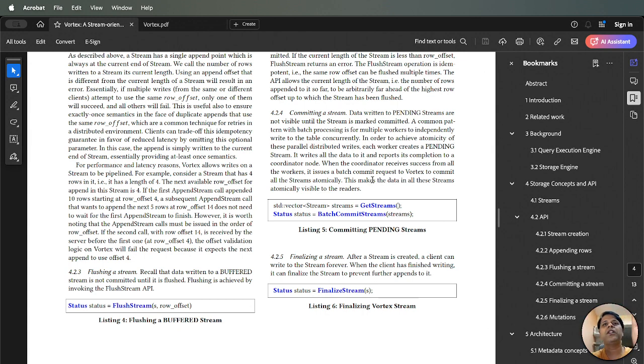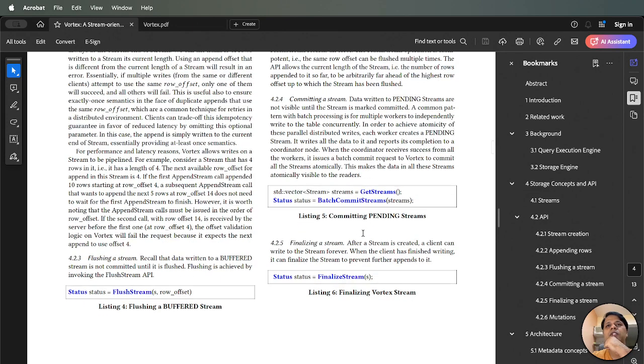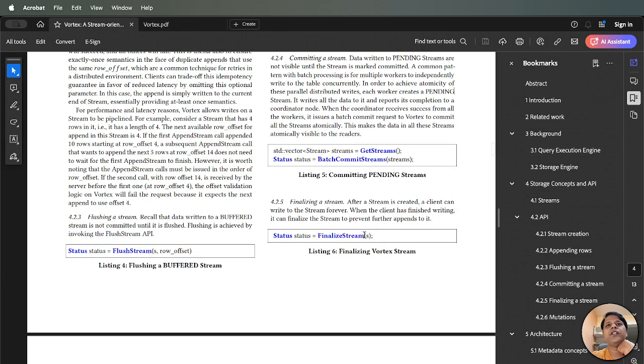So basically, at each worker level they try to write, they send the commit request and get a success, and then a batch commit request is given so that all of the streams' data gets committed. Then the data shows up for the user or the reader who reads the data.